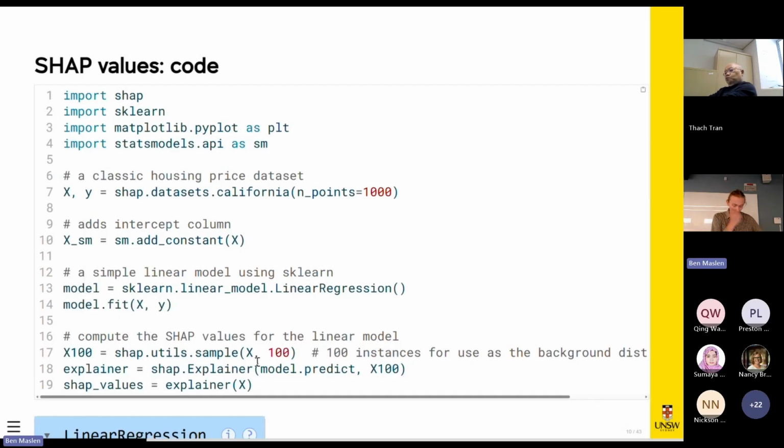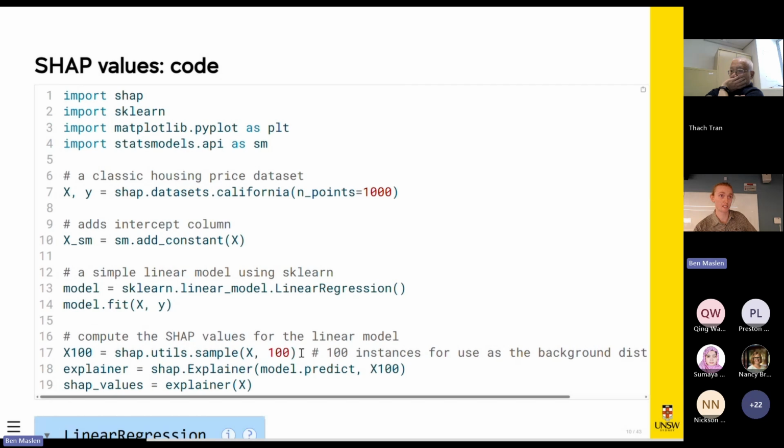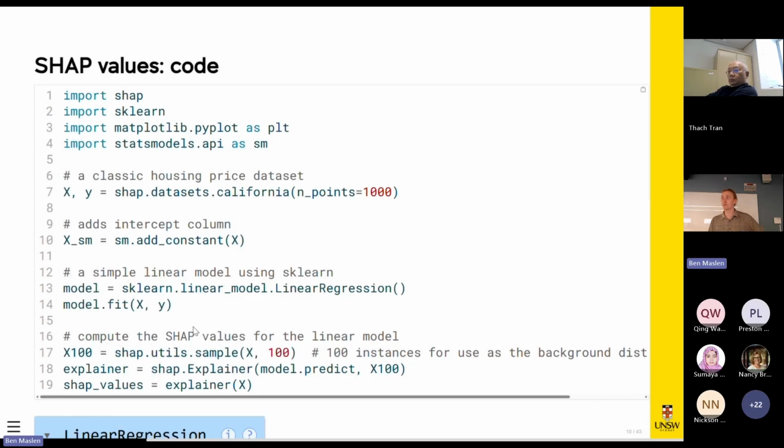Then we calculate our SHAP values, and we calculate that in 3 steps. The first step is to get some background samples. We take 100 random samples from our feature matrix, and SHAP uses this to help calculate the SHAP values.